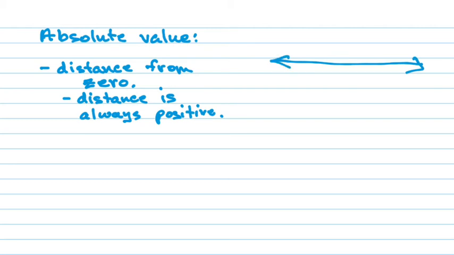So that's what you need to write next. Distance is always positive. So when you're finding absolute value, all you're going to do is drop the sign if it's negative. Just make it positive. So look at it on the number line, for example. Here we have 0. Here we have positive 2. Here we have negative 2.